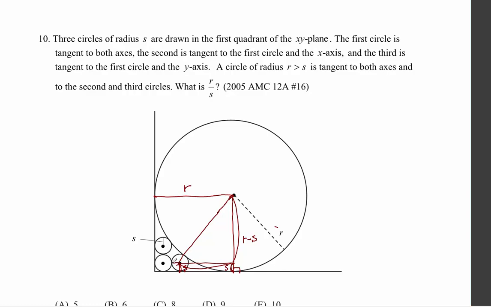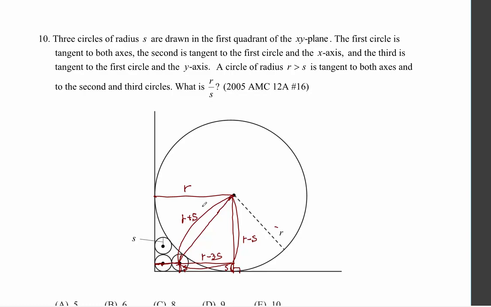We take off 3S from R, so R minus 3S. If we choose this point, R minus just S. This is S, this is R, all the way down this is R plus S. That's it, okay?